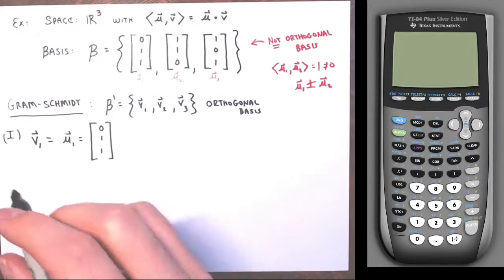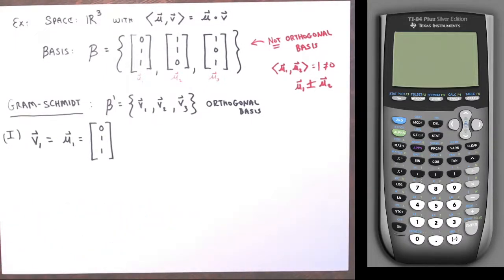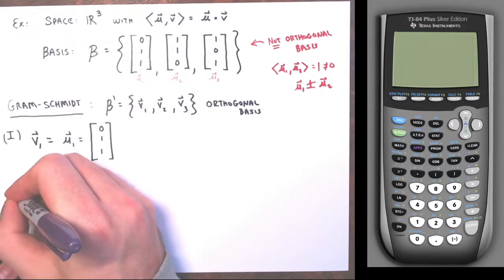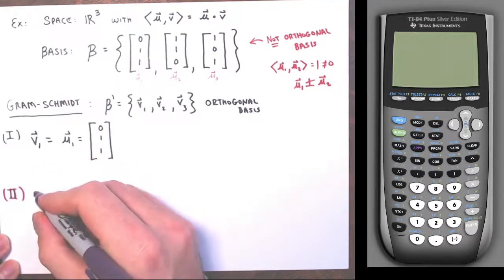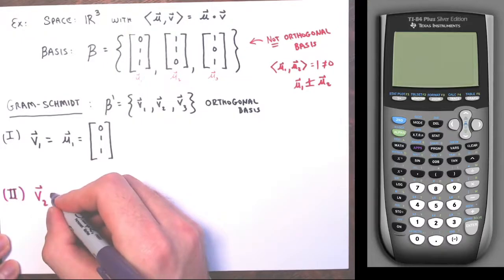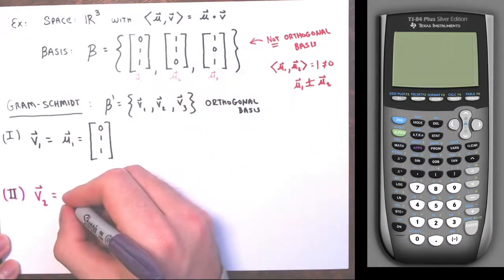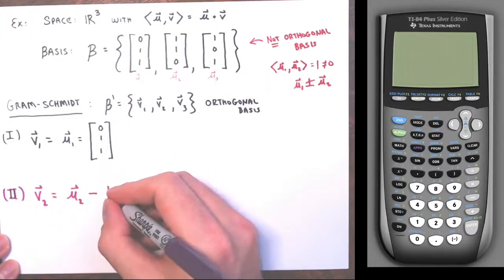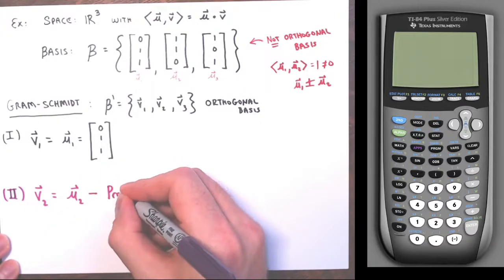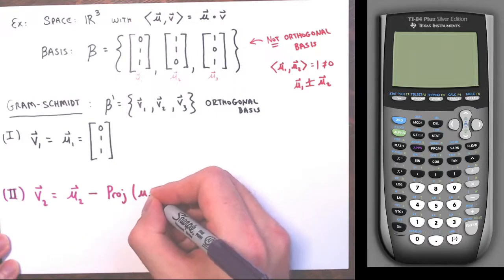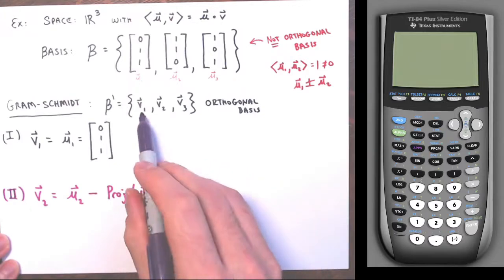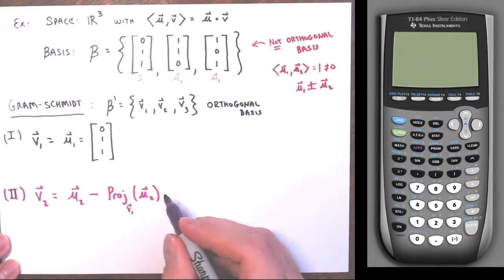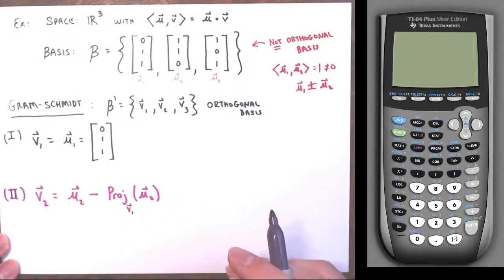Then I start subtracting projections. V2 will be u2, the second original basis vector, minus the projection of u2 onto this first vector from my new set, onto v1. And that's it, I'm only subtracting the one.